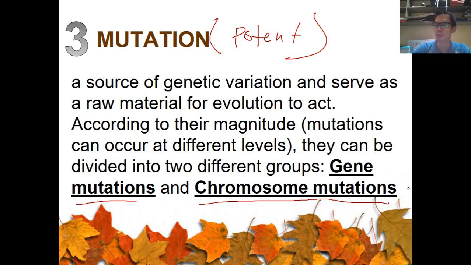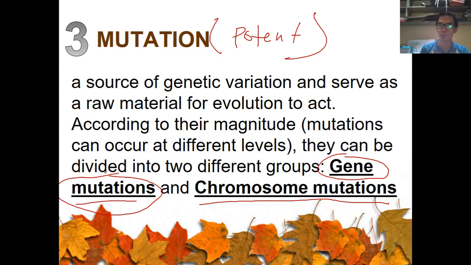So it depends. Most of the time, in evolution, gene mutation is seen in some group of organisms. For example, humans and chimpanzees differ by only 2% in terms of genes.